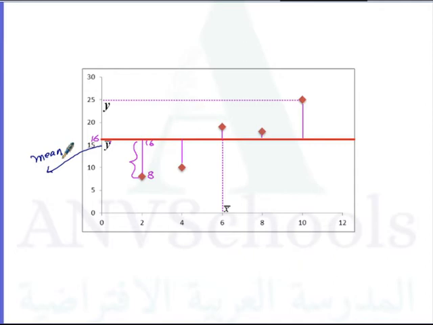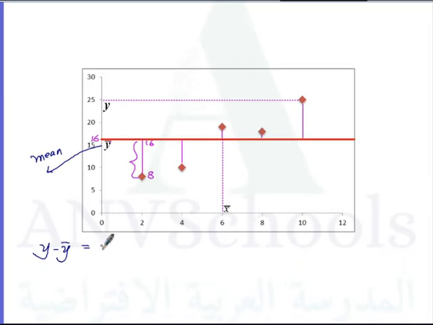Now this one is our deviation. The y values here are our deviation. Okay? So y minus y bar, or that's the mean, is the deviation from the mean, right? Because this is our mean, so the deviations from the mean are taken when we get the difference between y and the mean.